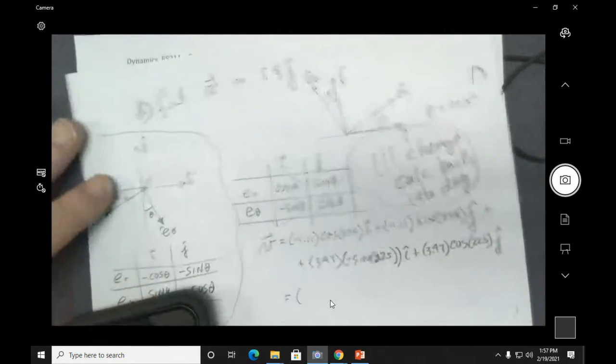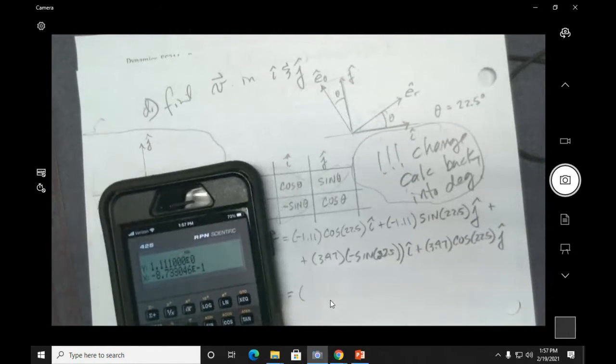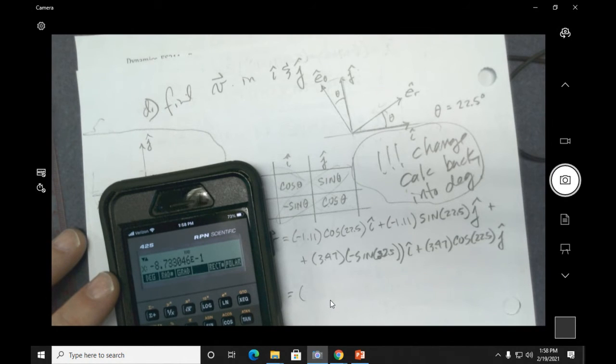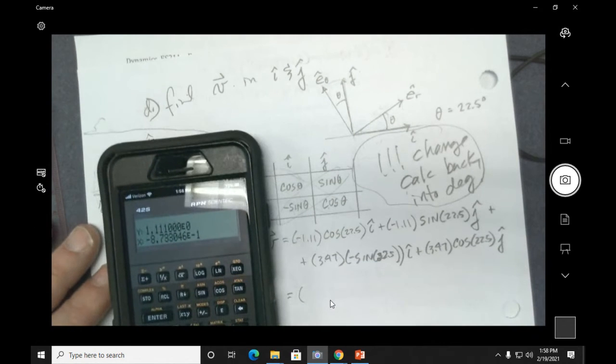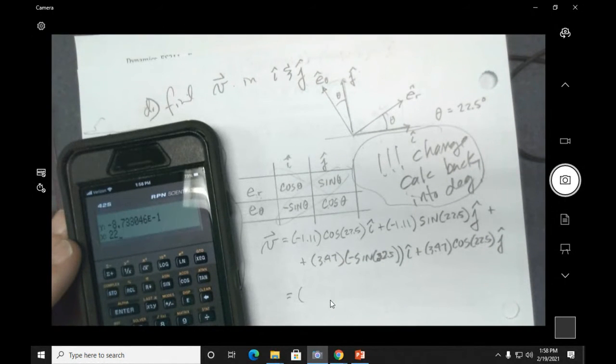Make sure we turn it back, because I just got a negative thing and I'm like, what? How can I get a negative? Well, so we go back to modes, and I go to degrees. Okay, I'm back into degrees. Yay, there was much rejoicing.